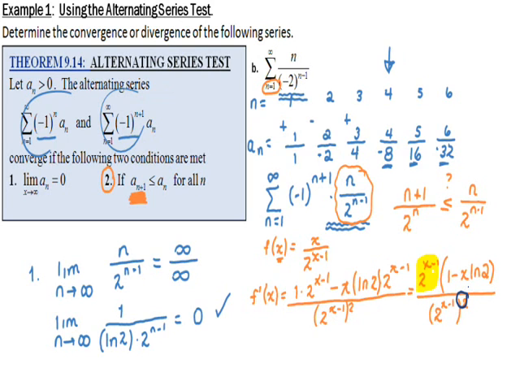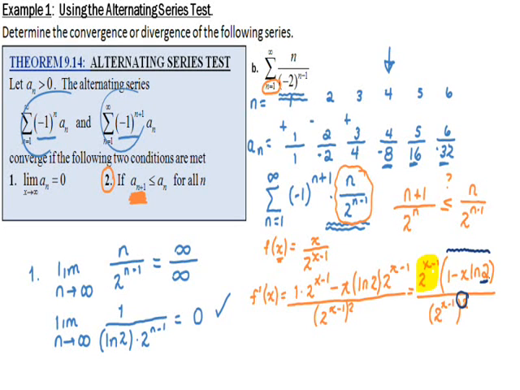So really, the only thing that needs to be looked at is the 1 minus x times the natural log of 2 for values of x that are 1 and bigger. Well, the natural log of 2 is actually a value that's less than 1, I believe, because you'd have to have a value that's at least e or larger to be 1 or bigger.